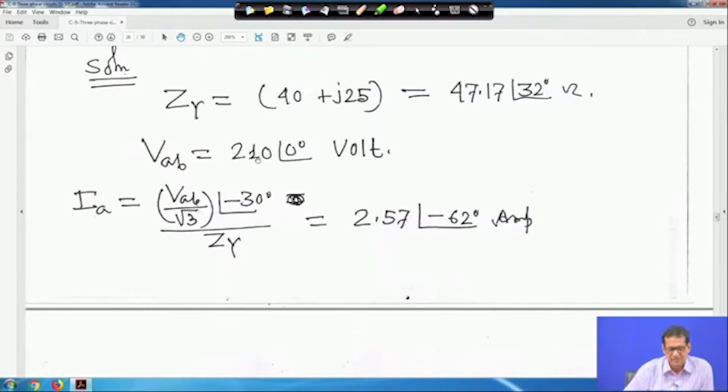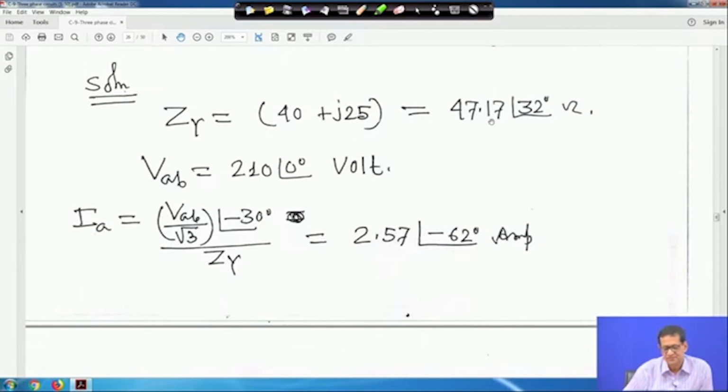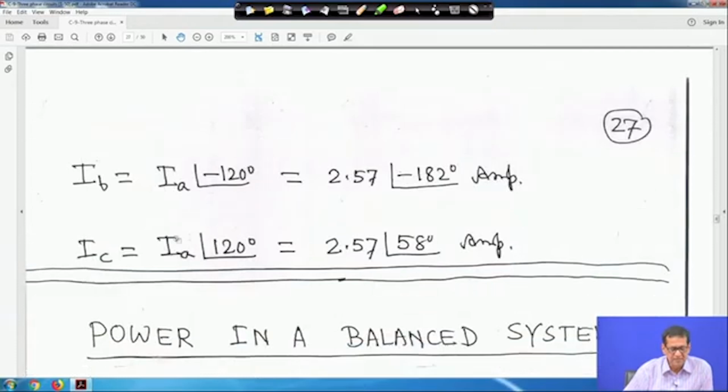If you substitute VAB equal to 210 and ZY, both of which are given, and simplify, you will get 2.57 angle minus 62 degree ampere. Now we know IB is equal to IA angle minus 120 degree.